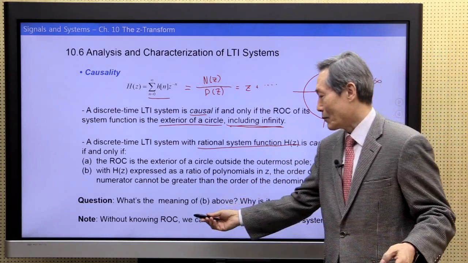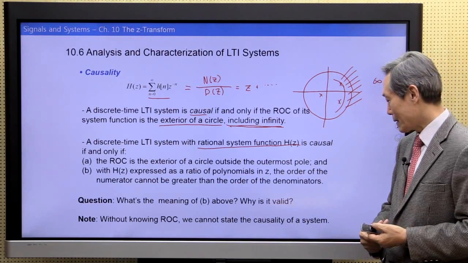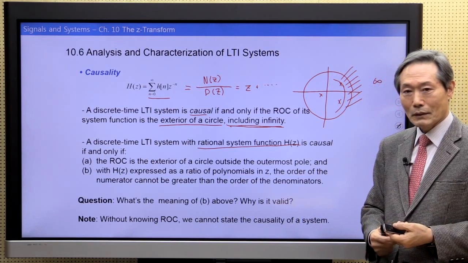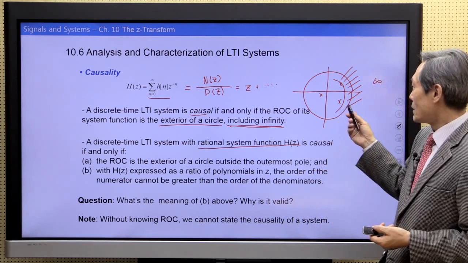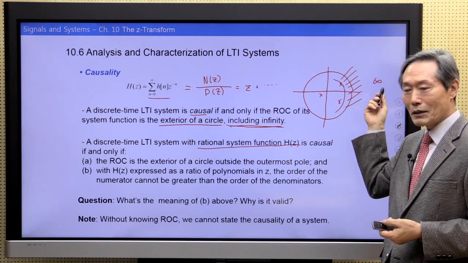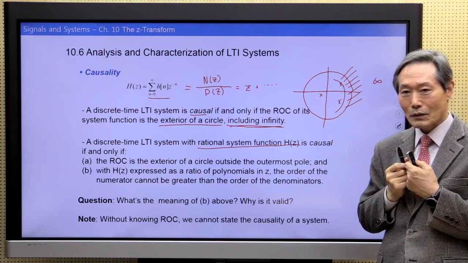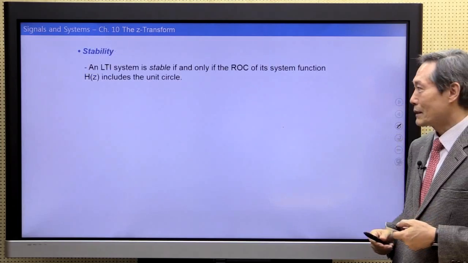Without knowing the region of convergence, we cannot state the causality of a system, because the region of convergence should include the exterior and infinity.